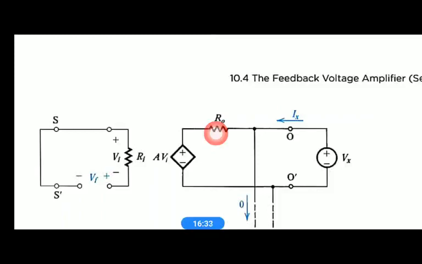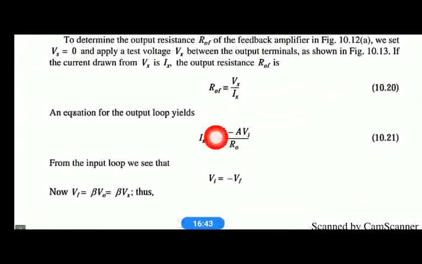The voltage across the resistance divided by the resistance gives the current through it, which is Ix. Therefore Ix is Vx minus AVi, the voltage drop across R0, divided by R0.